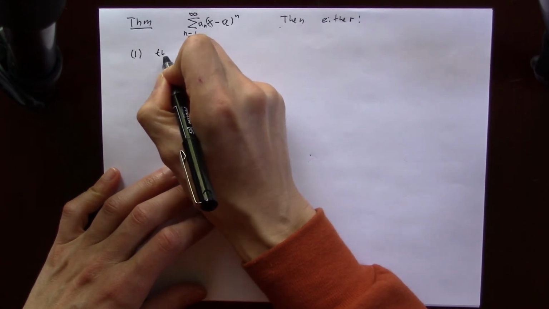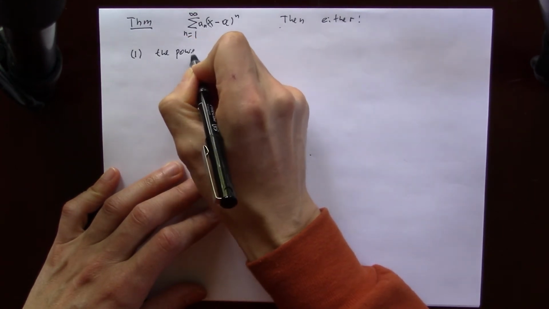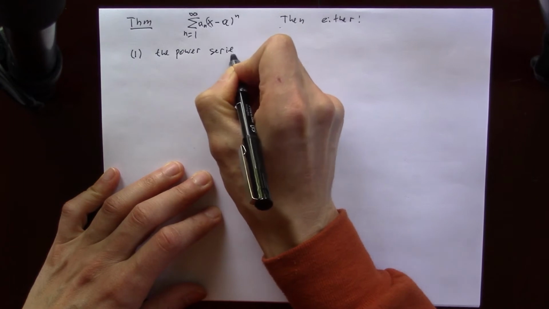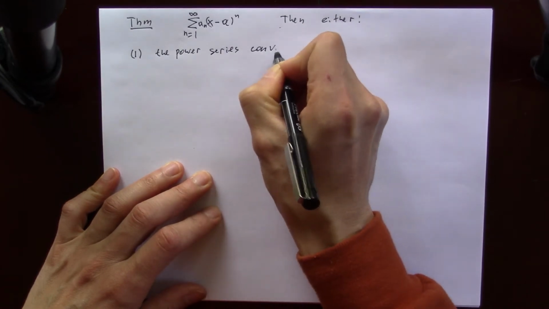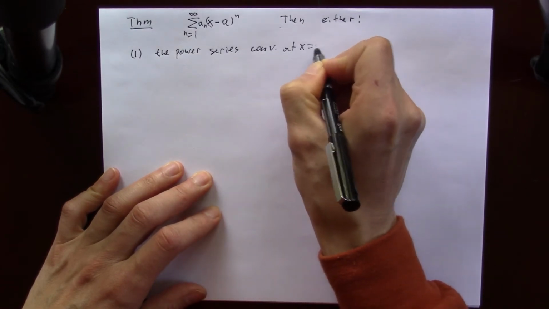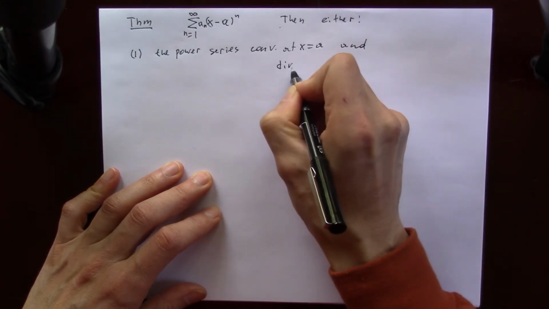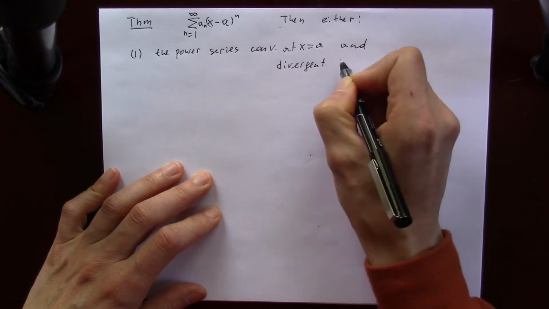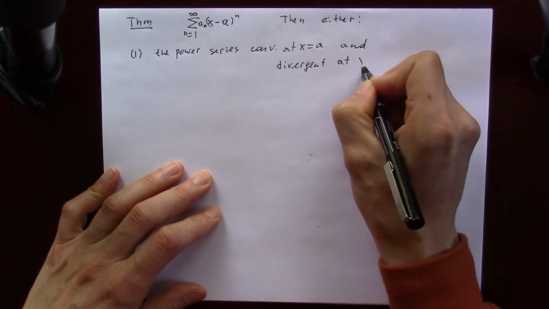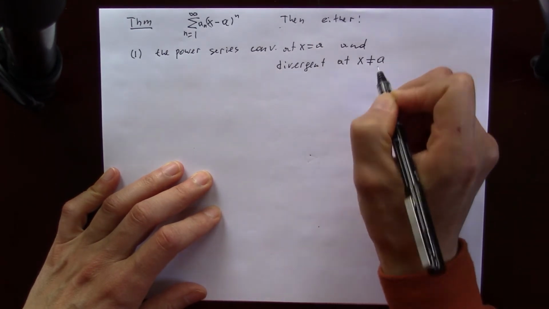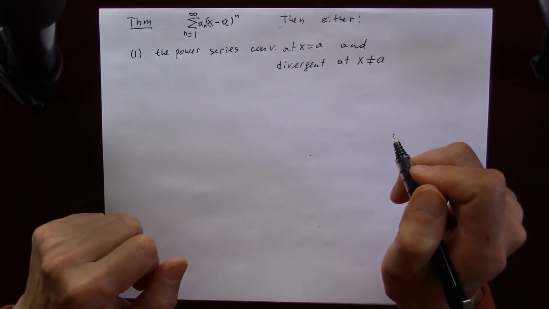Either the power series is convergent at x equals a and divergent at x not equal to a. So that's a first possibility.